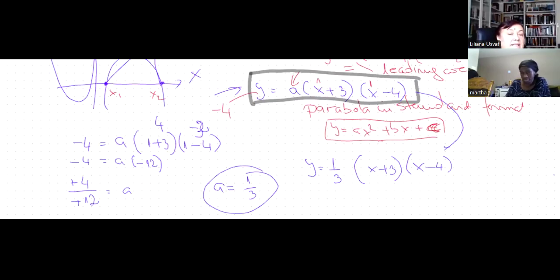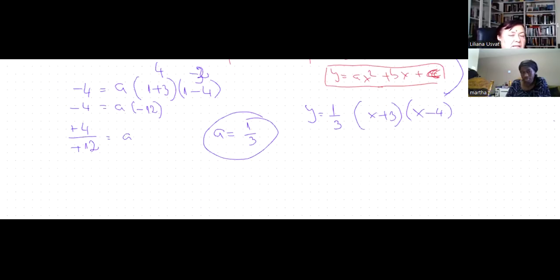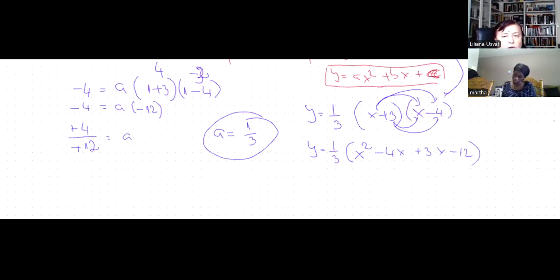And we are going to expand to get the standard format. y equals 1/3 times: x times x is x squared, x times -4 is -4x, 3 times x is plus 3x, 3 times -4 is -12. -4x plus 3x is -x.